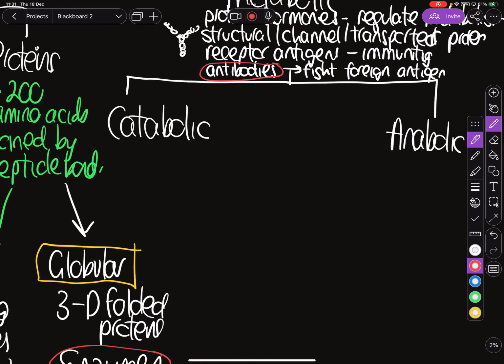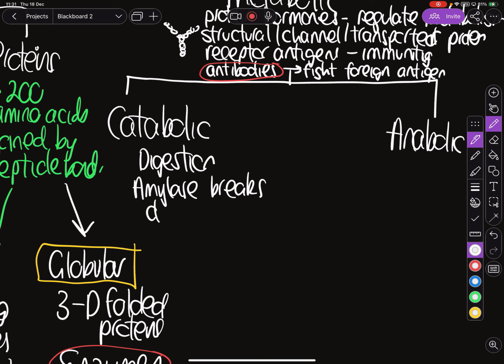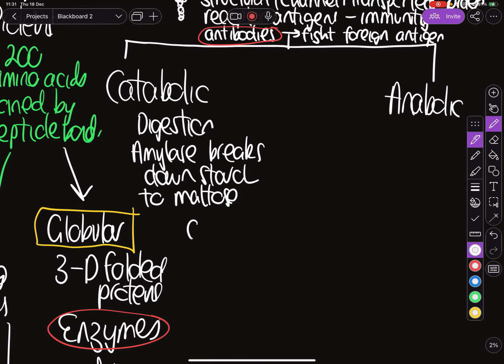So when we go to the catabolic and the anabolic here, the catabolic role, one of them would be digestion. So the enzyme amylase breaks down starch and turns it into maltose for us, and then finally it'll turn it into glucose, and that can get into our blood supply for us.